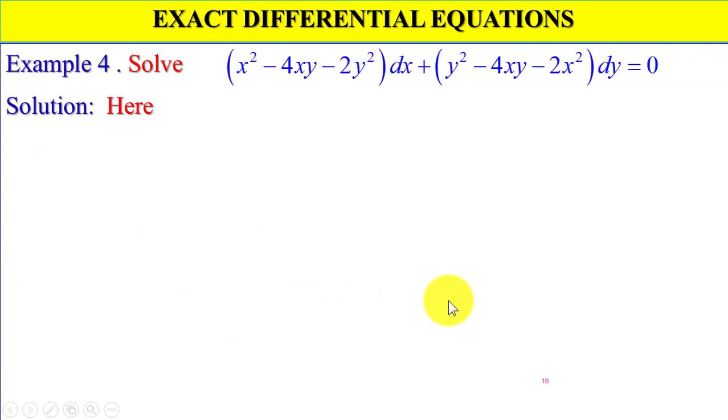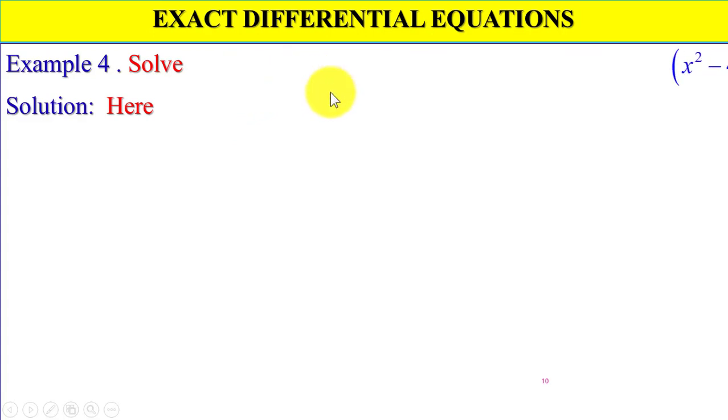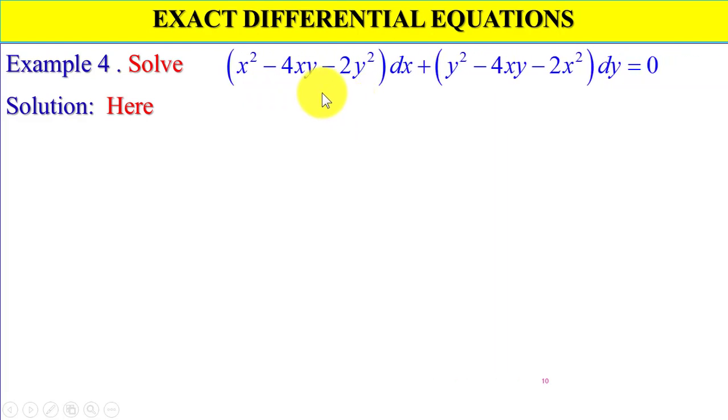Now, example 4. Solve the equation (x² minus 4xy minus 2y²) dx plus (y² minus 4xy minus 2x²) dy is equal to 0.